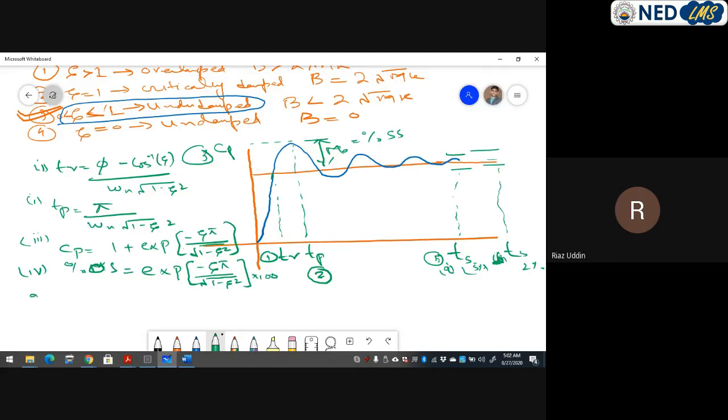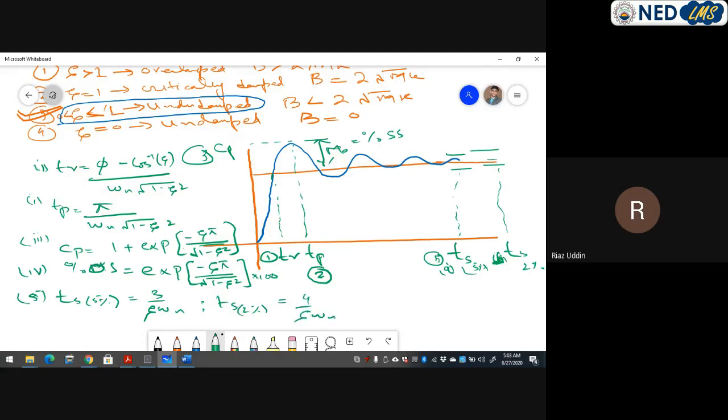So in the A part, fifth one is settling time, and settling time for 5% is 3 upon zeta omega n, and settling time for 2% is 4 upon zeta omega n. So these are the values you can draw and fill the table.